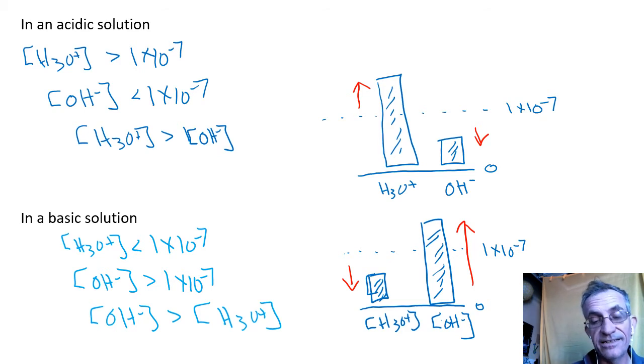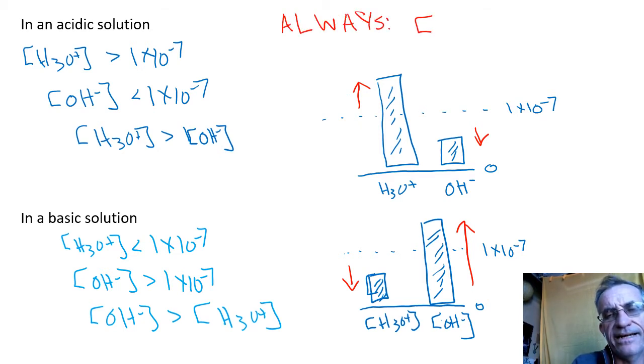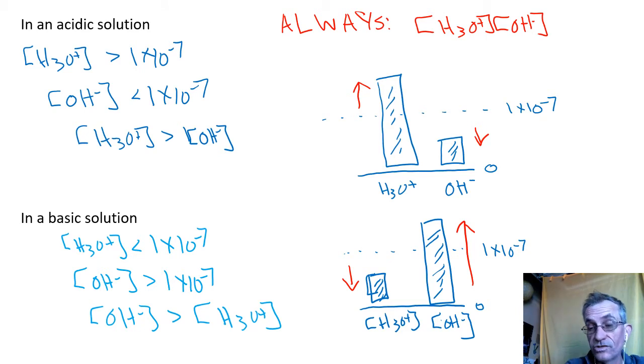That is because no matter what we're talking about, something neutral, acidic, or basic, always the concentration of hydronium times hydroxide, when you multiply them together, you always get 1 times 10 to the minus 14. So we're going to practice using that equation in the rest of this video.